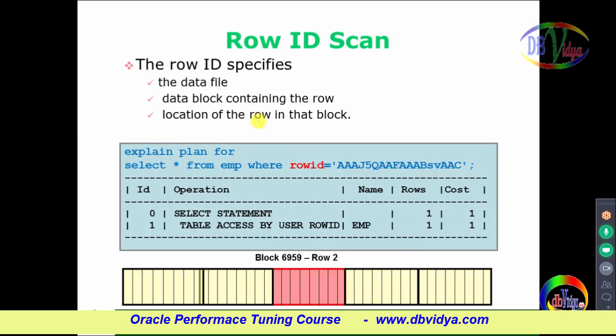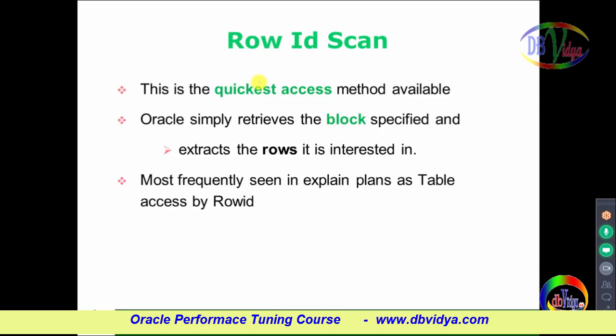Next is ROWID scan. What is ROWID? It tells the location of the row: data file, block, everything. So ROWID scan means, in some places we have seen it. Do you remember the chain count, migrated rows? How did we get those rows? If you remember the approach, we gave some command.